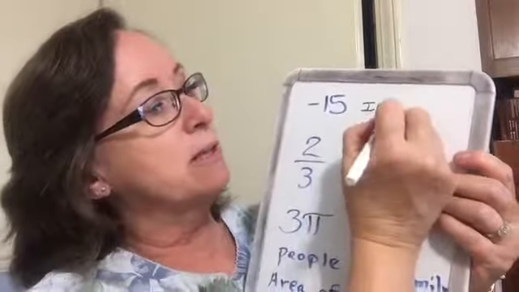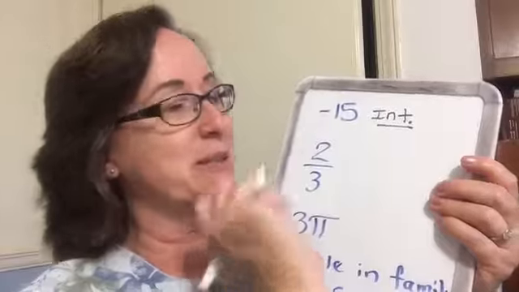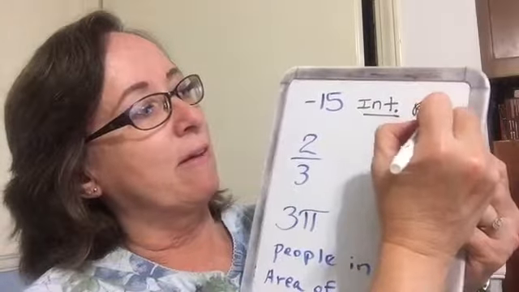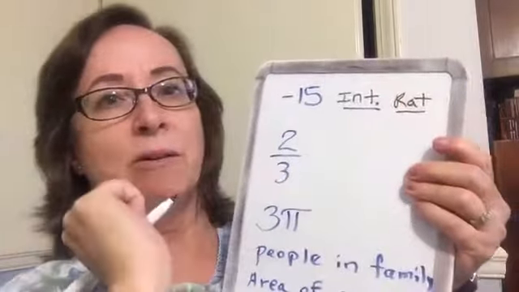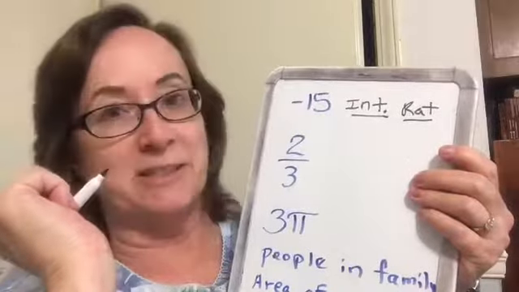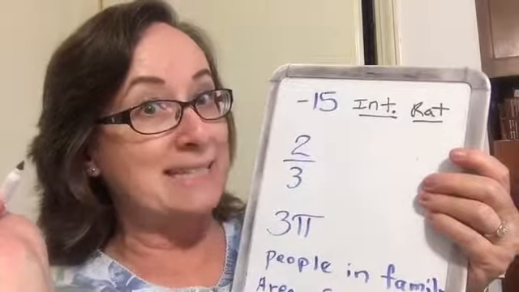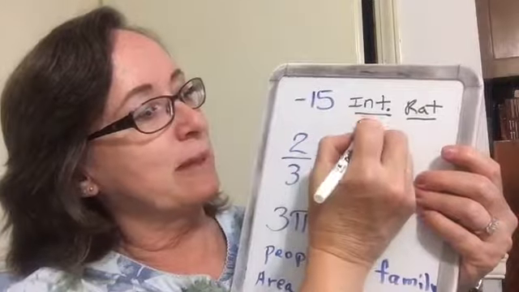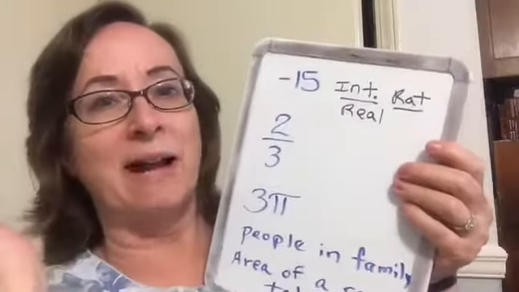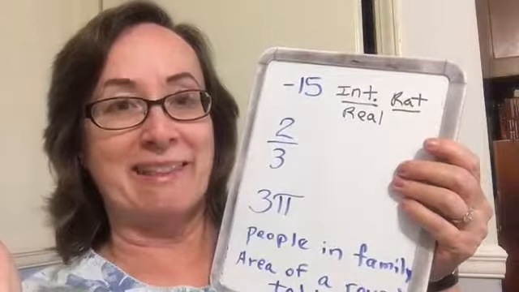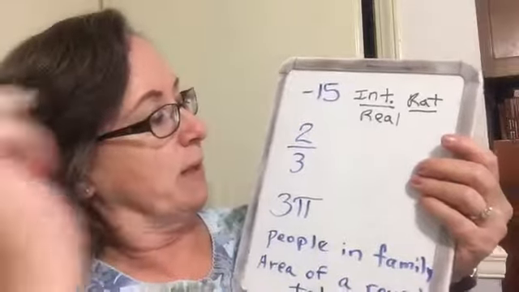It is also a rational number, because every integer is a rational number, which means it can be written as a ratio or fraction, and it is also a real number. All right, so when we're categorizing them, we don't want to forget that they're all real numbers.